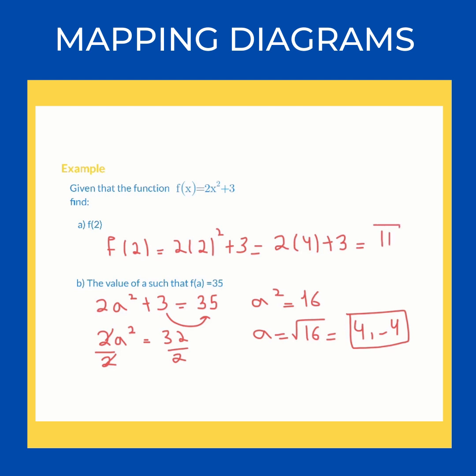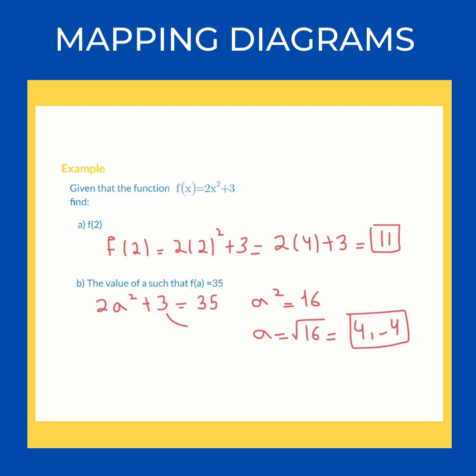In part B, I need to substitute a into the function f of x and equate it to 35. So f of a equals 35, so 2a squared plus 3 equals 35.